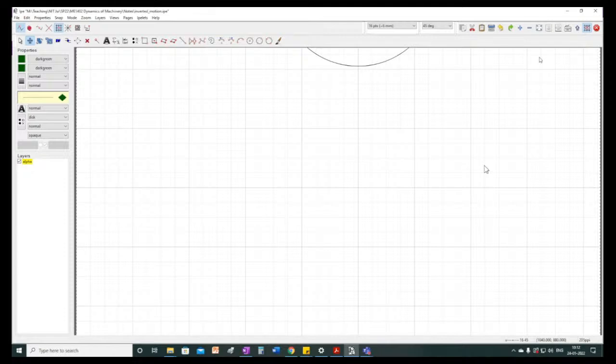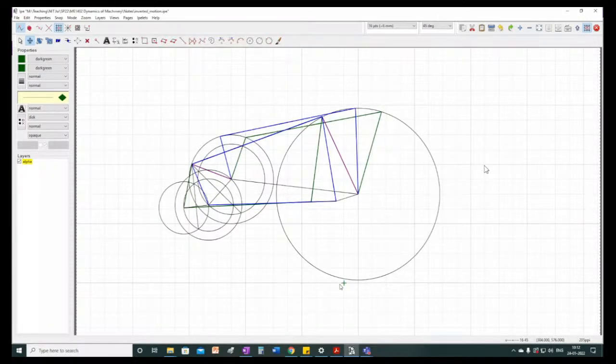Everything we can solve graphically. When using the graphical method with pencil and paper, you have to use a trace paper and draw the inverted motions.